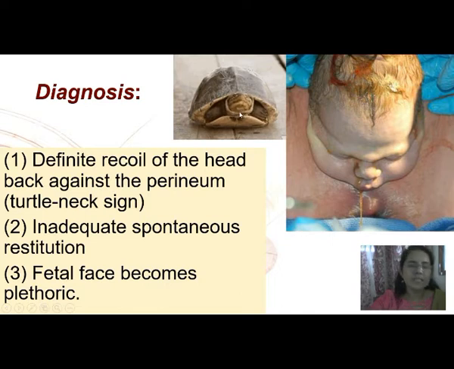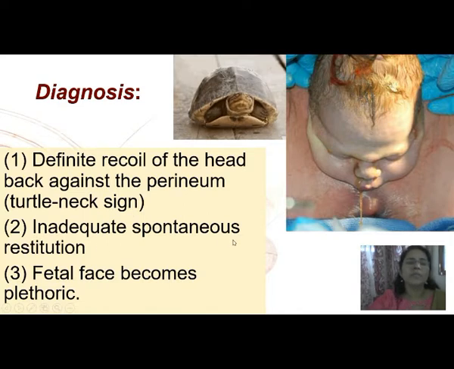You can see it in this video. The turtle neck sign is like a turtle bringing its neck back into the shell. In the same way, the head is going back against the perineum. That is the turtle neck sign.